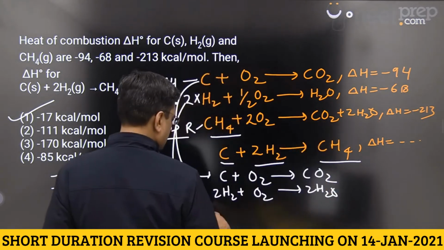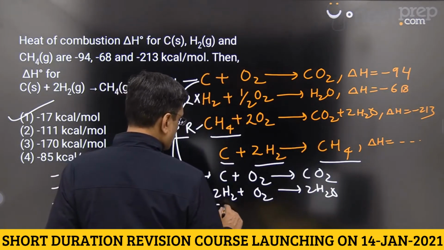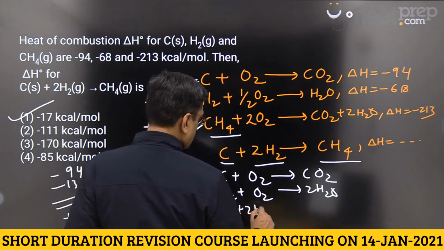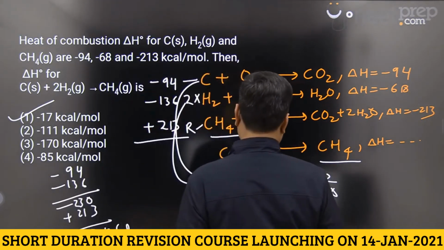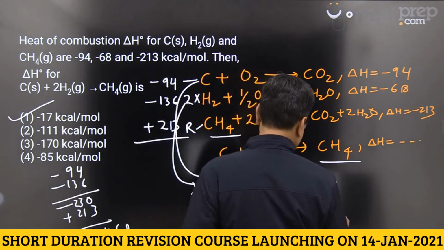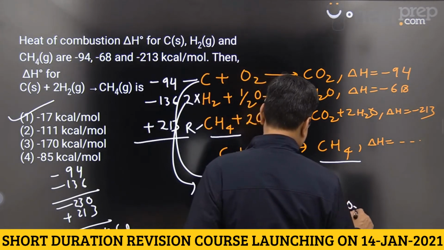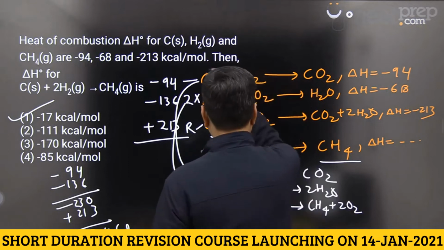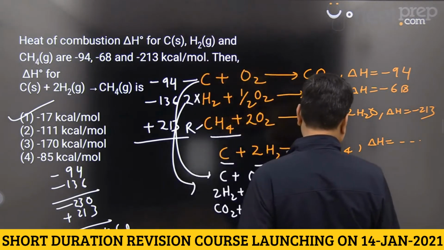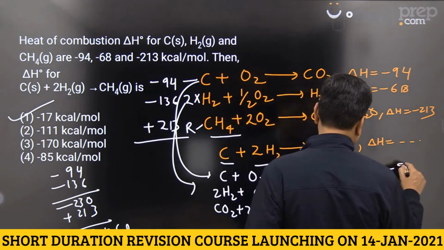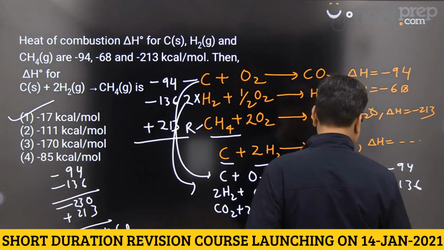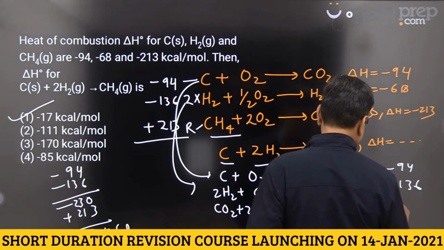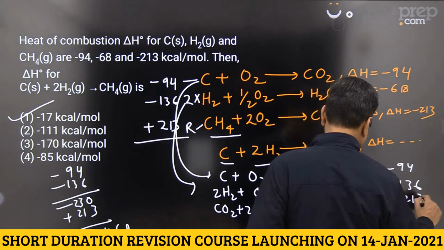And by reversing this equation, CO2 plus 2H2O gives CH4. So no worry, simply add these. Here delta H is minus 94, here it is multiplied by 2, so it is minus 136, and it is reversed, so the sign will be changed.